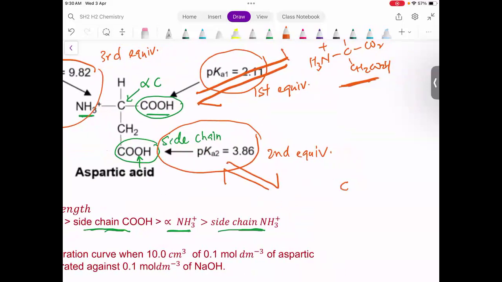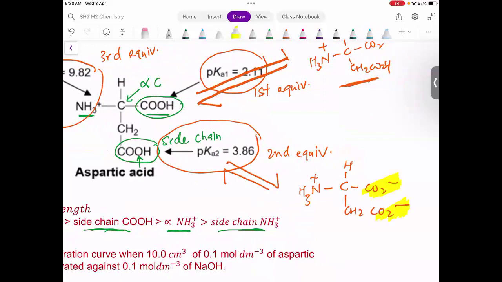It will be this and this. At the second equivalence point, this is already lost, so the second H plus has been dissociated or neutralized.